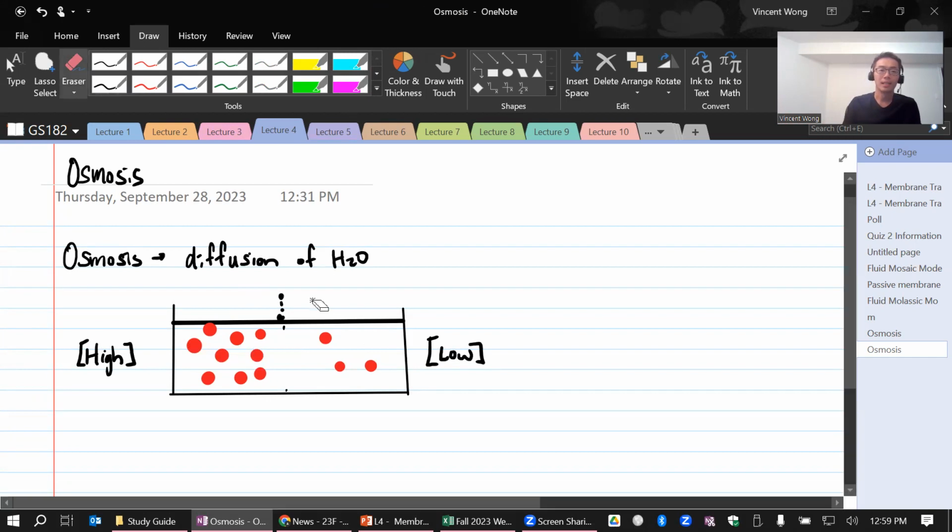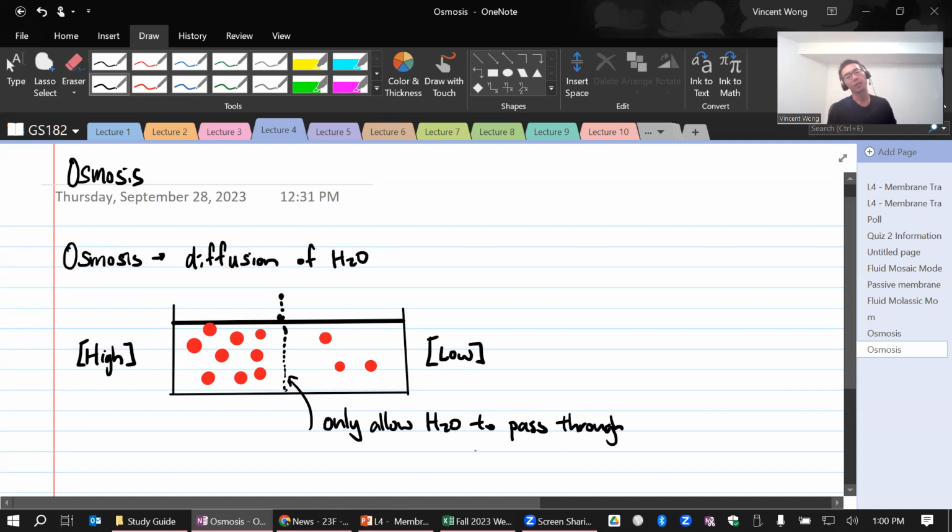Excellent. Now I'm gonna put the barriers back in. Now this is a special barrier. It has some holes, but the holes are really small. It will only allow H2O to pass through.